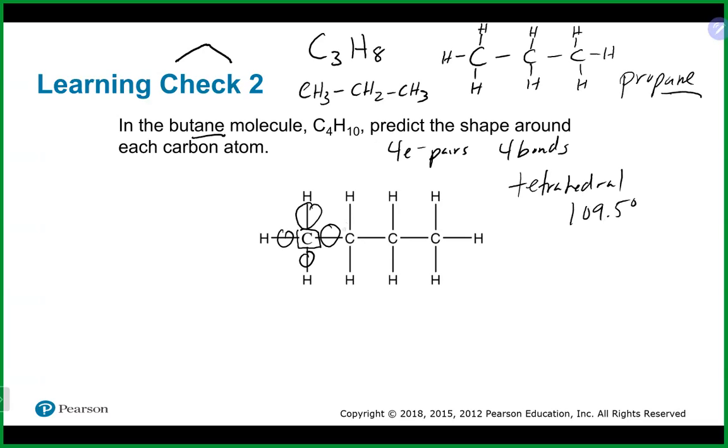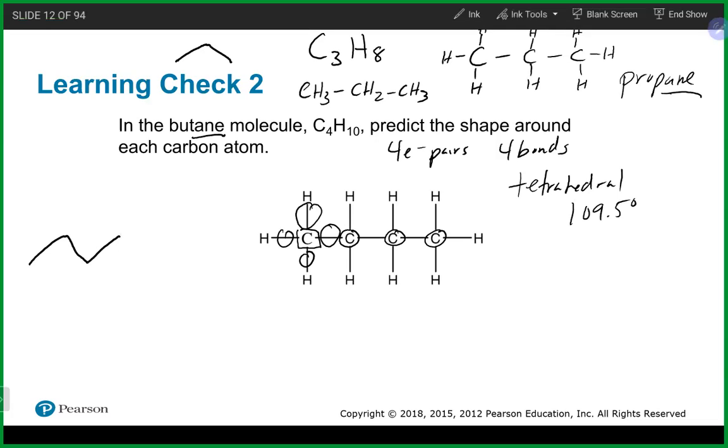Every one of these has 4 electron pairs and 4 bonds, so they are all tetrahedral. That is why line structures for alkanes typically have a zigzag shape because of the tetrahedral geometry. It goes up and down, back and forth.